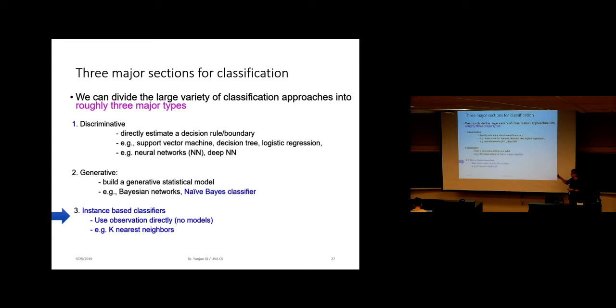We're going to cover the third category first, then discriminative models, and then generative models. You're going to implement naive Bayes from scratch, and k-nearest neighbors. K-nearest neighbors is in homework 3, and naive Bayes is homework 5. Neural nets and deep learning are homework 4.